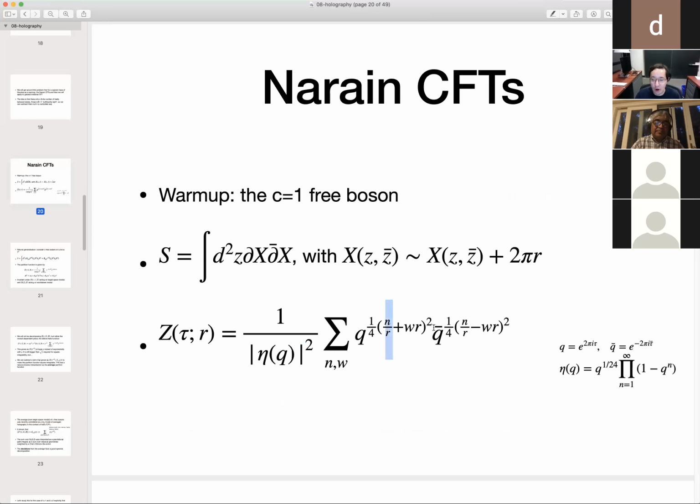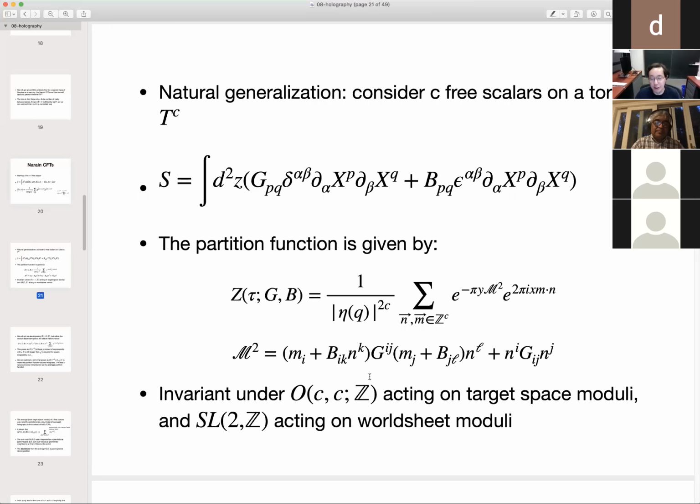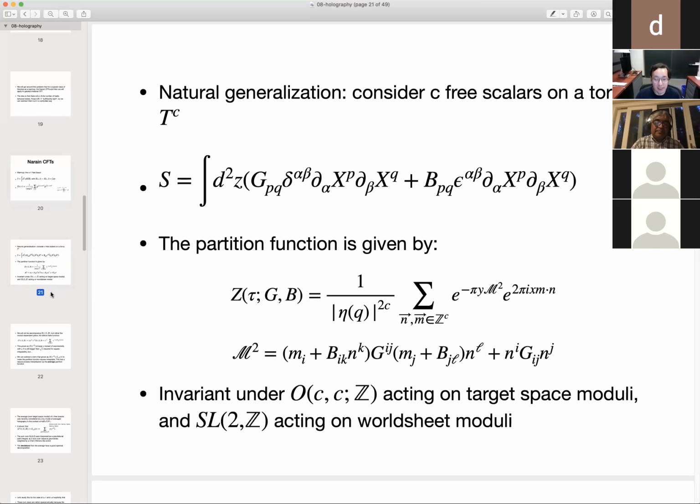There's a symmetry where I take R to 1/R, the radius to 1 over the radius. The units work out with alpha prime, the tension of the string. And there's similarly some interesting discrete symmetry for the target space here. It's not going to be crucial to the talk, but I only point this out because it'll make some interesting connection to this harmonic analysis.